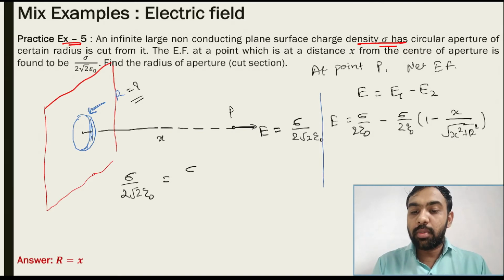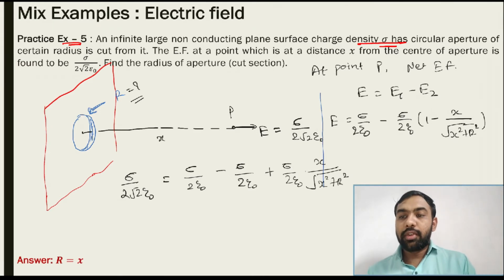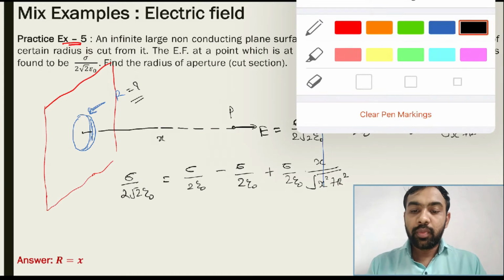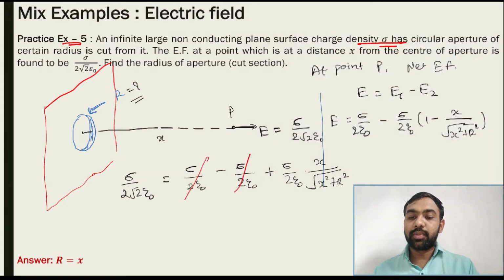First you simplify this: sigma upon 2 epsilon naught minus sigma upon 2 epsilon naught, plus sigma upon 2 epsilon naught into x upon under root x square plus r square. If anything is cancelled, then cancel it: sigma upon 2 epsilon naught, sigma upon 2 epsilon naught cancel, plus and minus.